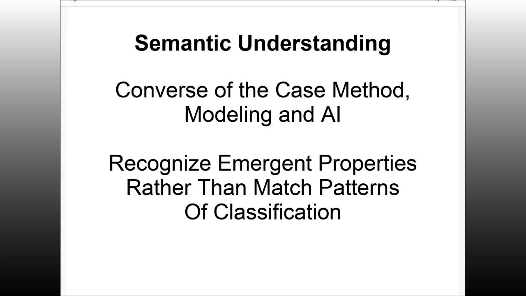And what we do in semantic understanding is precisely the converse of the modeling or the artificial intelligence process. When we find an outcome of a process which is in any way different from the outcomes we have previously seen from that process, we do not force it into one of the pre-existing categories.